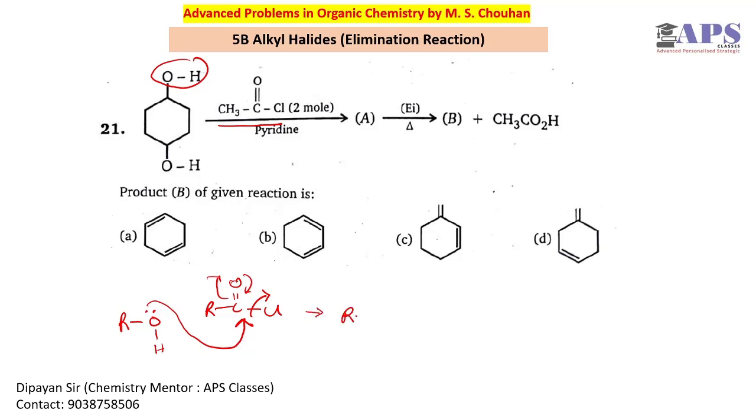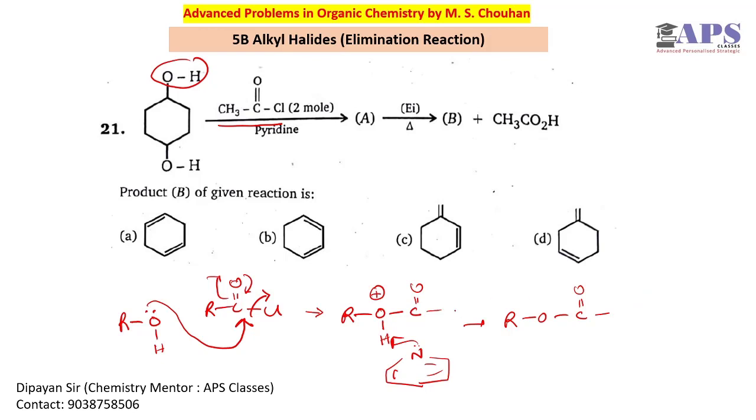Then R-C(=O)-O-R1 with H plus will form, and as pyridine is present, it is a base, so it will abstract this hydrogen.